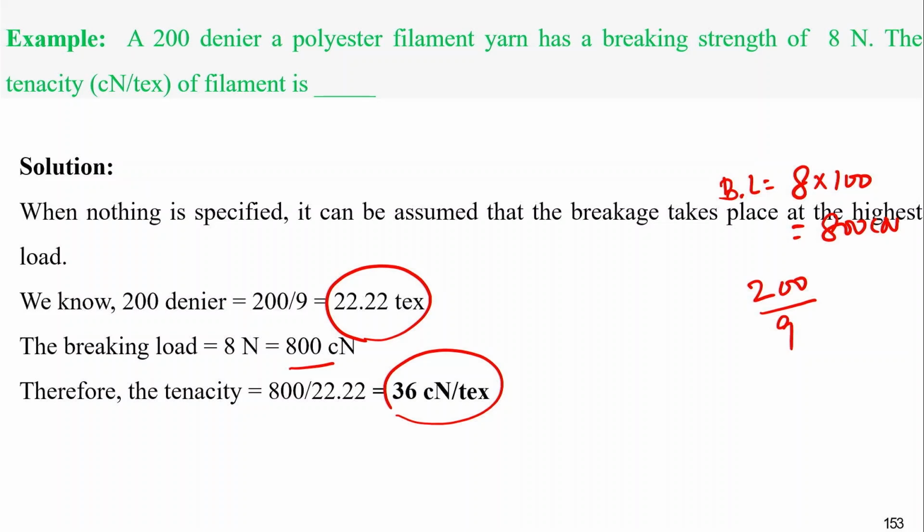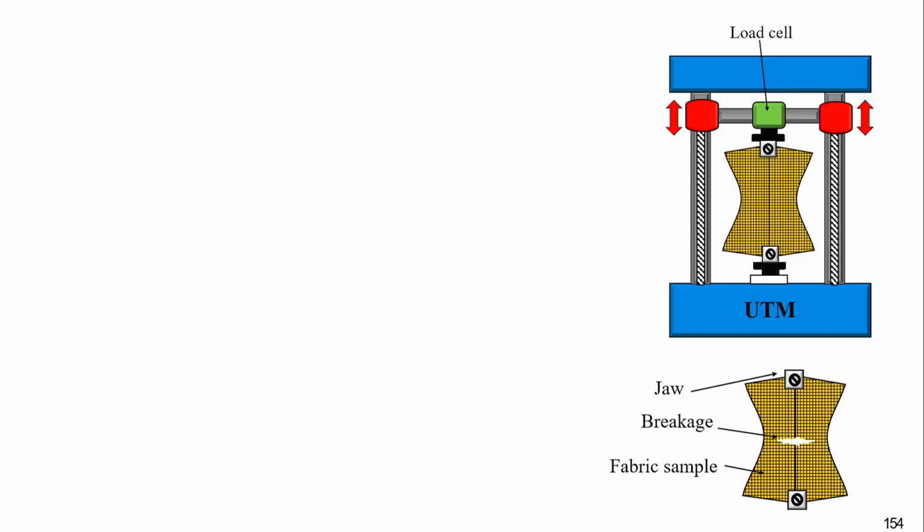So, we will be doing a new type of test. What we have tested so far is the strip textile test, fabric testing in the strip form, but here the other type of test is on wide width fabric.